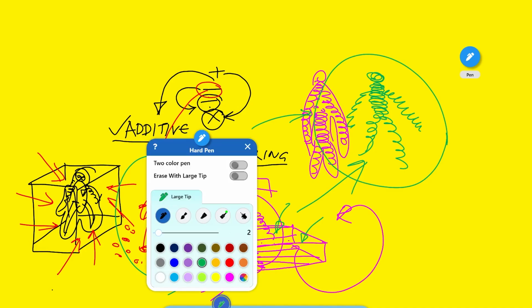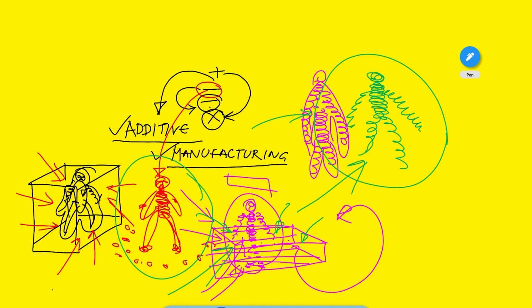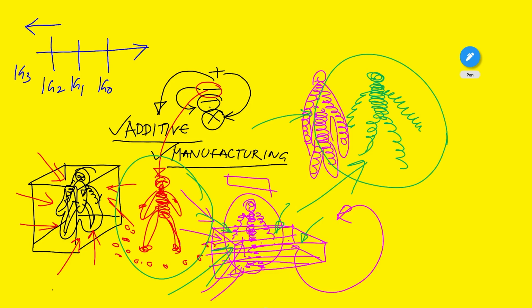Originally, additive manufacturing was developed, if you recall, for things like aerospace, automotive, prototyping. So when you prototype, you typically start with a phase where you are not sure what you want to build, which in mathematics is called the innovation gates IG3, IG2, IG1 and IG0. Now this is where your sustainable major innovation happens, what we call disruptive innovation.